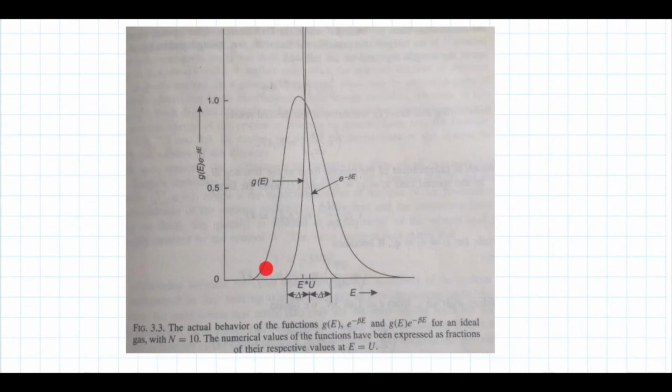And the product is something like this. You can clearly see that this graph is not symmetrical around the value E star. This peak is E star, and the value at which these two meet is U. That is the difference. This curve is not symmetric around E star.